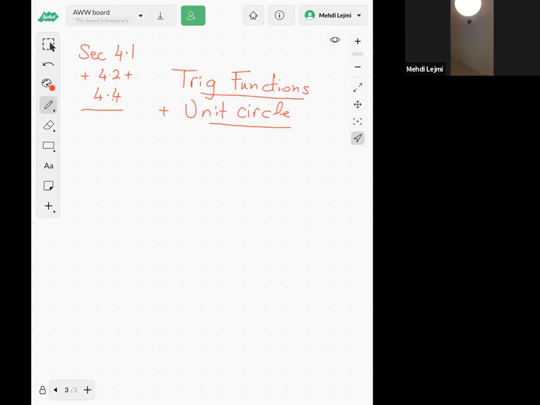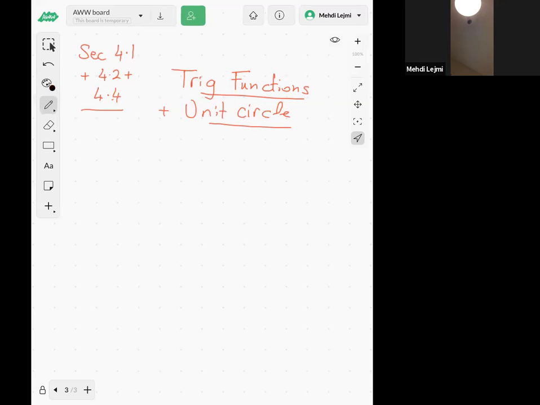We're going to measure the angles using units, degrees or radians. I'm going to discuss first the relation between radians and degrees, and then I'm going to introduce the trig functions, cosine, and so on. So first, what's an angle?